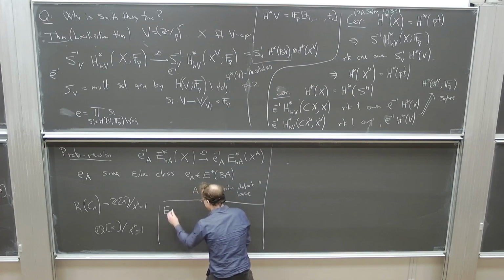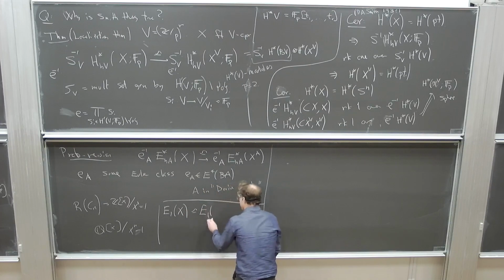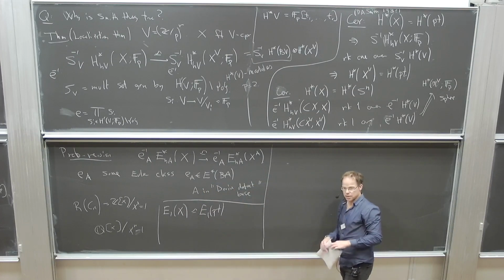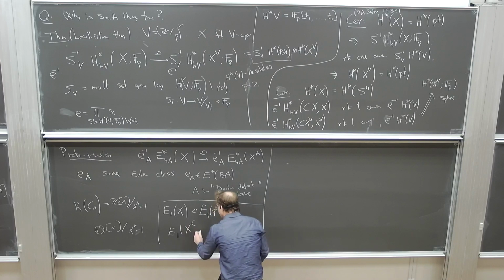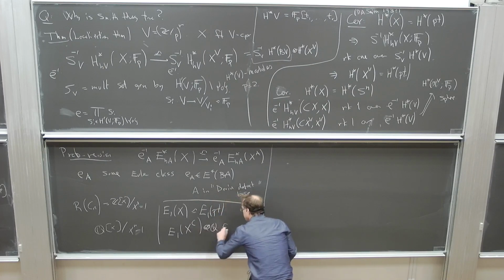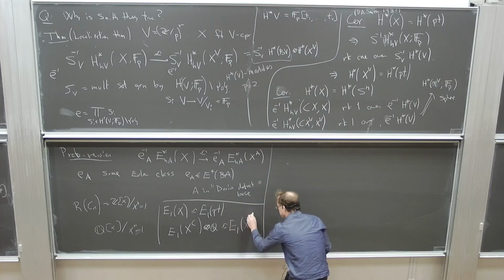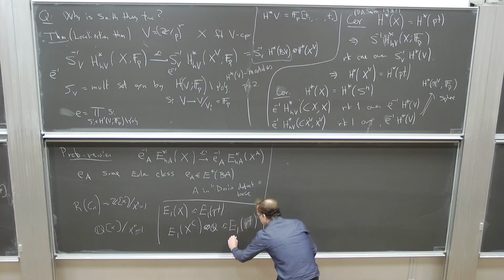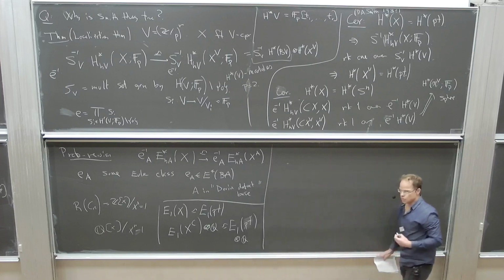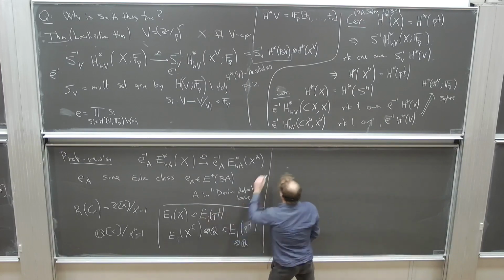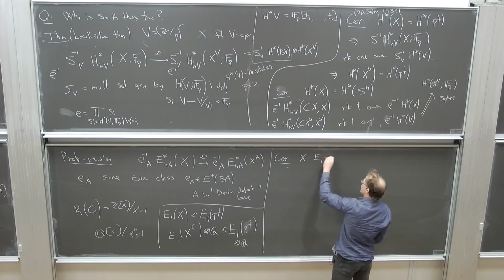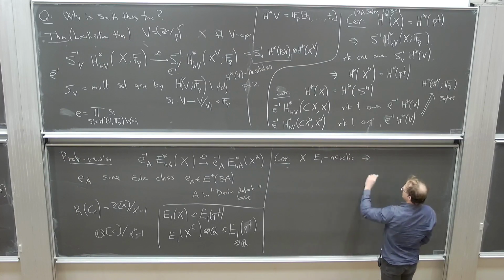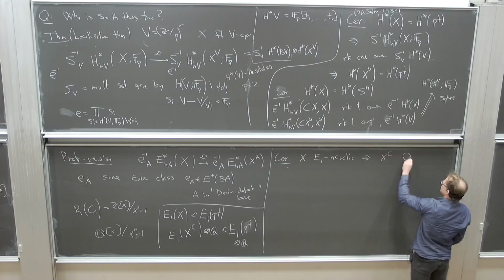If E1 of X is the same as E1 of a point, then this formula tells us that E1 of the fixed points under some cyclic group, tensored with Q, is isomorphic to E1 of the fixed points of a point, tensored with Q. So we're proving here that if X is E1-acyclic, then this implies that the fixed points are also acyclic after tensoring with Q.